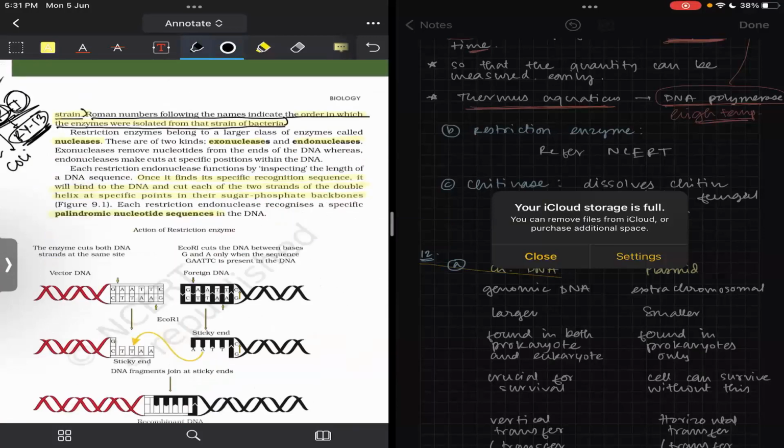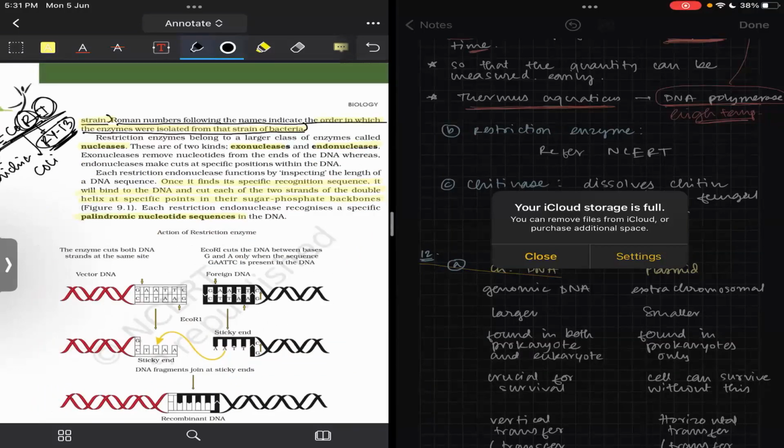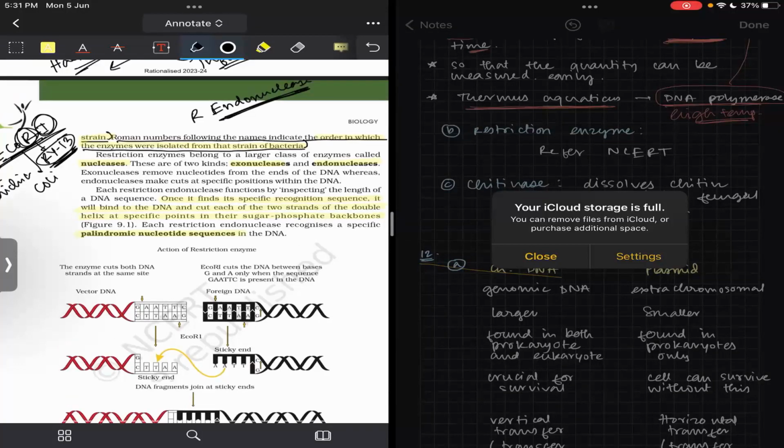And restriction endonuclease, as you can make out from the name, has endonuclease in its name. So restriction endonucleases belong to a larger class of enzymes that are called nucleases. And in nucleases, there are two types, exonucleases and endonucleases. So restriction endonucleases are basically examples of endonuclease enzymes.